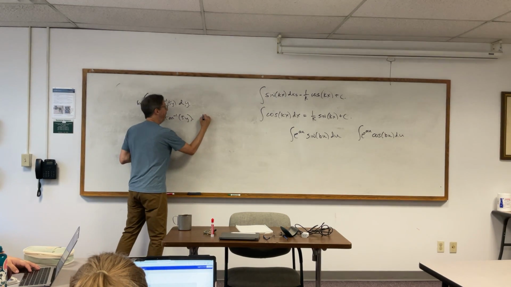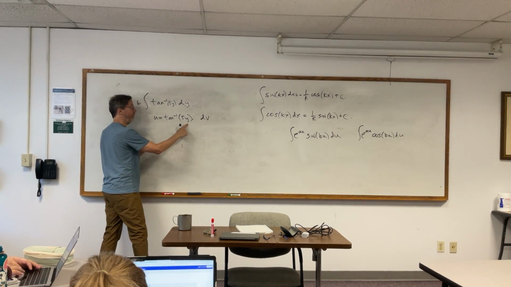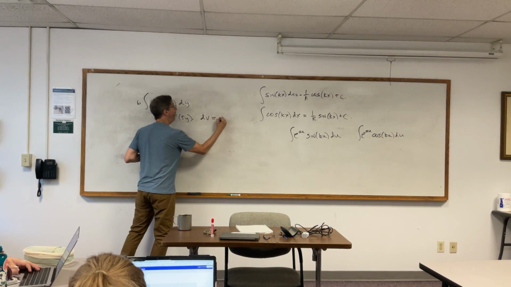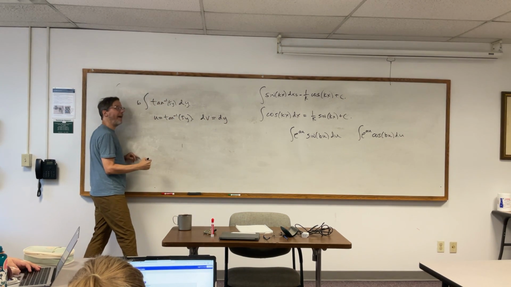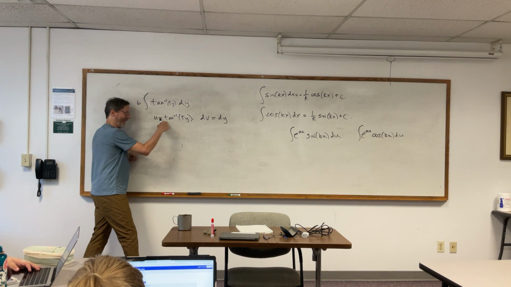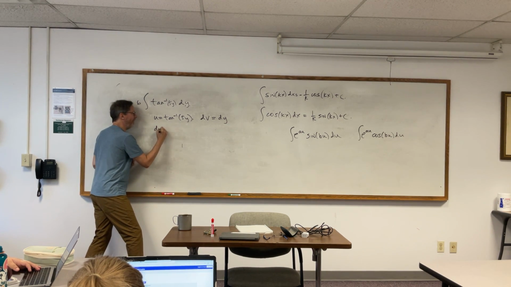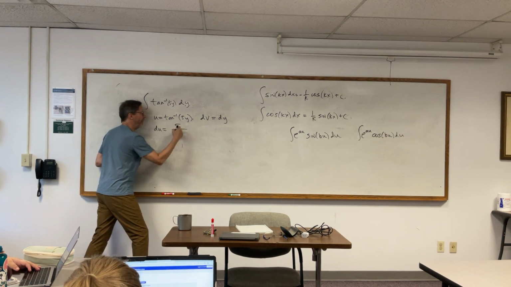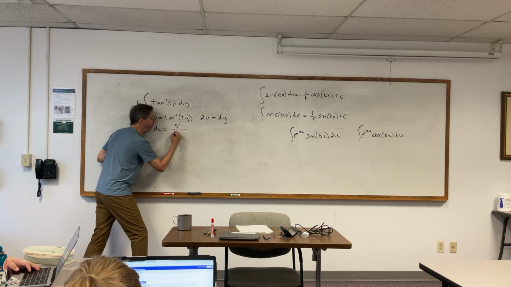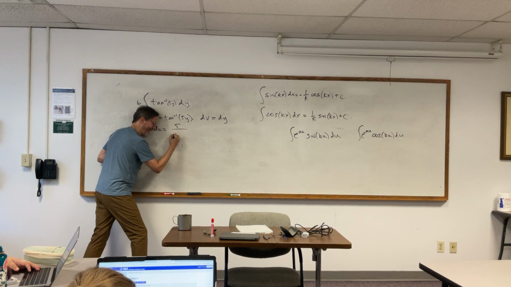And I'm going to do parts. So u is going to be this part. I'm going to differentiate that, and I'm going to integrate just straight old dy. So I'm going to differentiate here, so this becomes du equals 5 over, and I just happen to know this, 1 plus x squared.